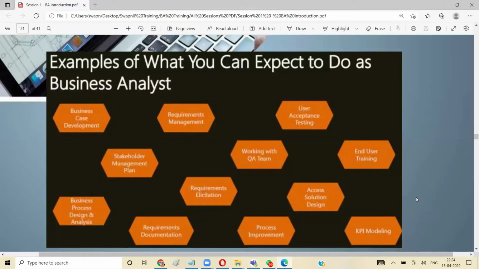Okay, so I was talking about KPIs, right? Before doing any work as a BA, you will have to measure the existing process or existing performance. So you say, okay, existing performance is 20%, and then you perform the BA activity, and then again you measure.